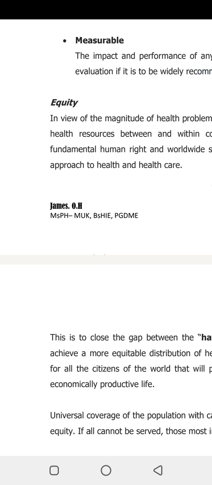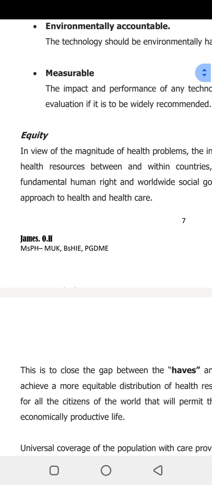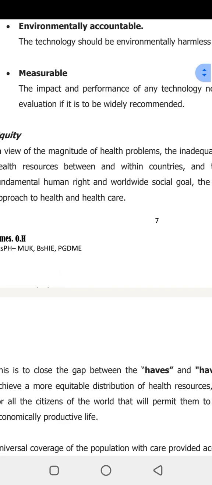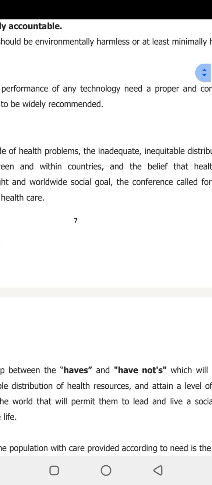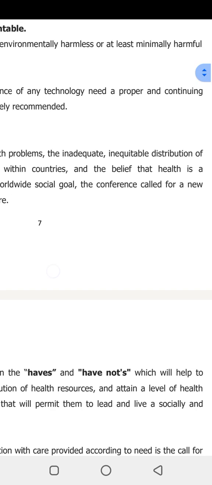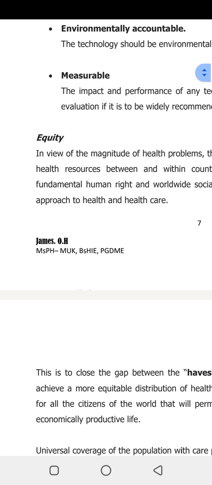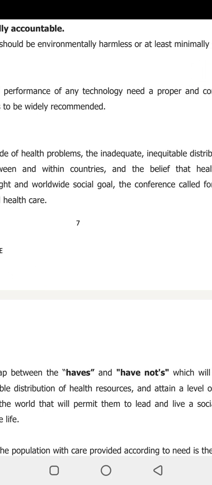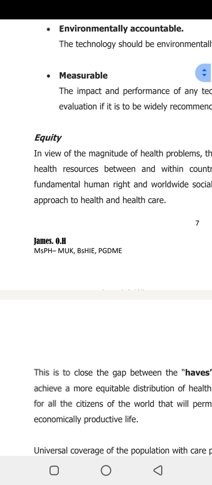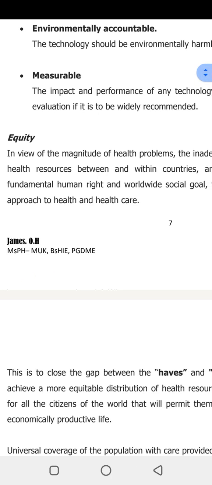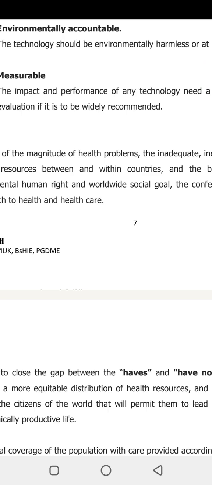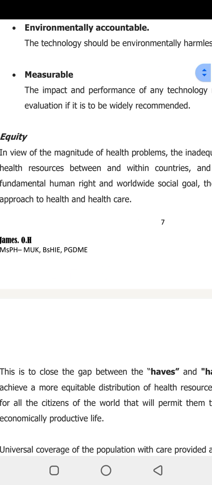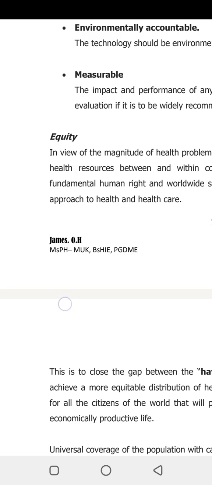You go to the principle of equity. Here now, in view of the magnitude of health problems, the inadequate, inequitable distribution of health resources between and within countries, and the belief that health is a fundamental human right and worldwide social goal, the conference called for a new approach to health and health care.